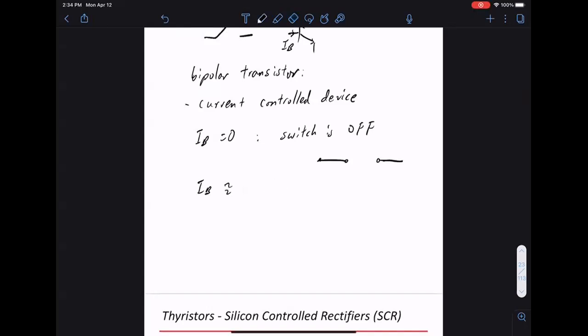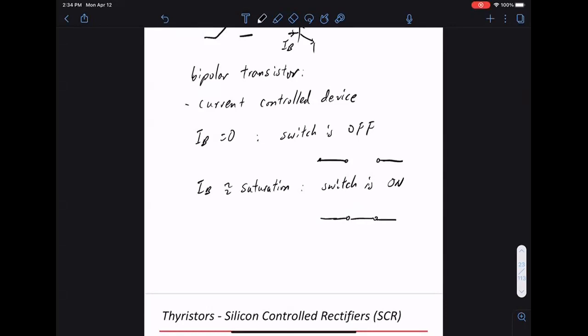Then the switch is on. Here we have a closed circuit if it's at saturation. So this is our switch.